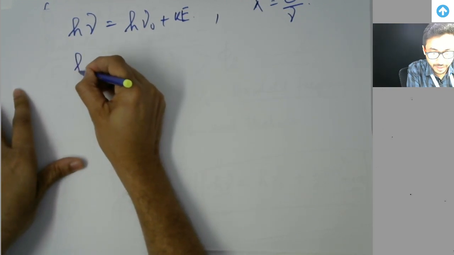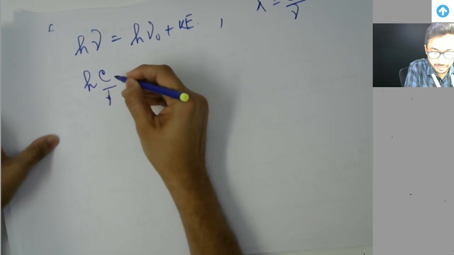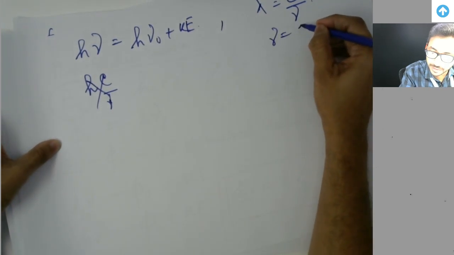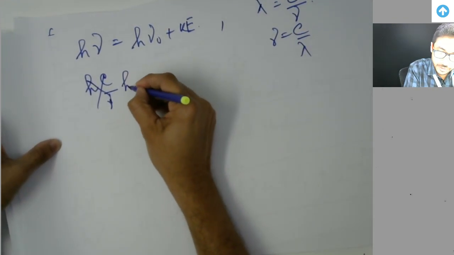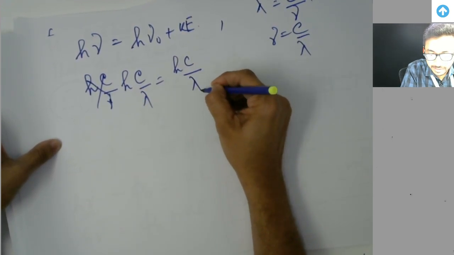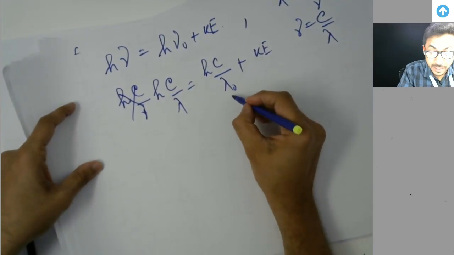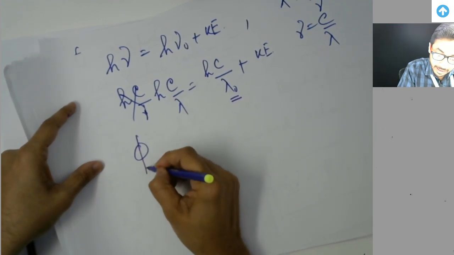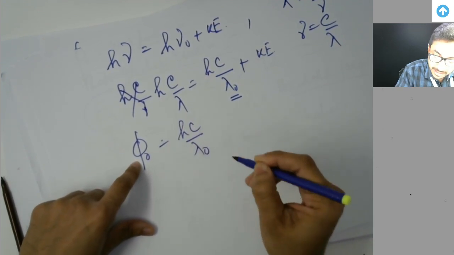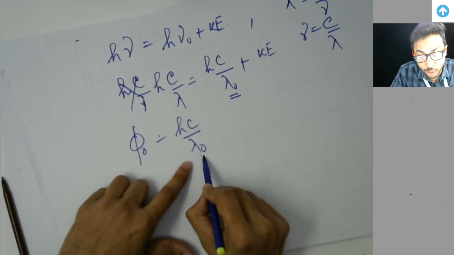So definitely in place of frequency we can write c by lambda. So h c by lambda equals h c by lambda 0 plus kinetic energy. So in terms of wavelength, you can see the work function is h c by lambda 0. So the wavelength is in the denominator.